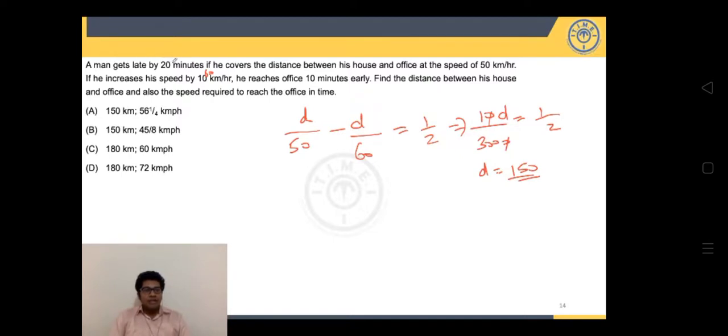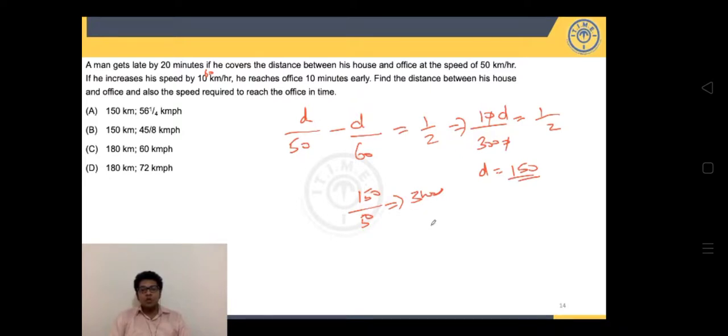Now a man gets 20 minutes late if I travel at 50 kilometers per hour. So if I travel at 50 kilometers per hour, so the distance 150. If I'm traveling at 50 kilometers per hour, what is the time taken? 3 hours. So in this 3 hours, I'm 20 minutes late. So the actual time should be 20 minutes less than 3 hours, right? So what is 20 minutes less than 3 hours? 2 hours 40 minutes.